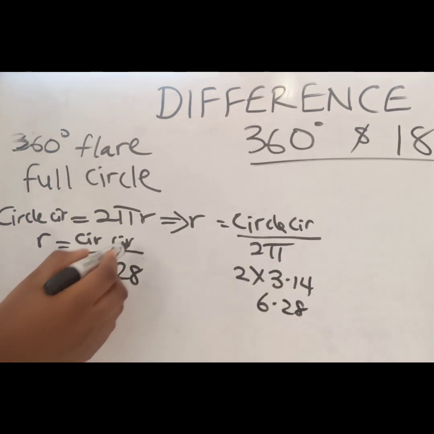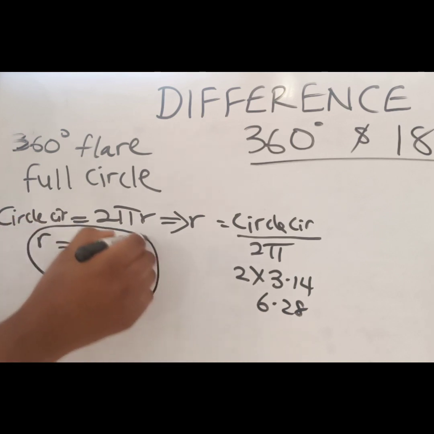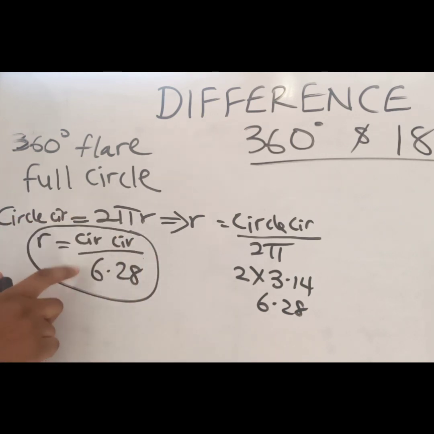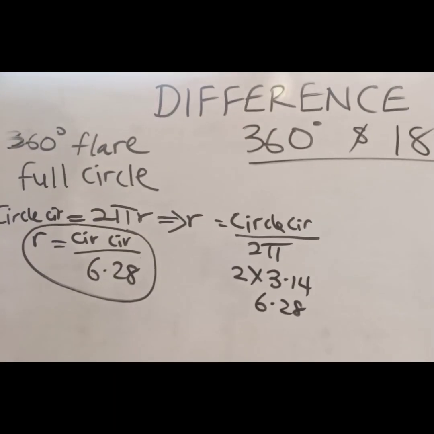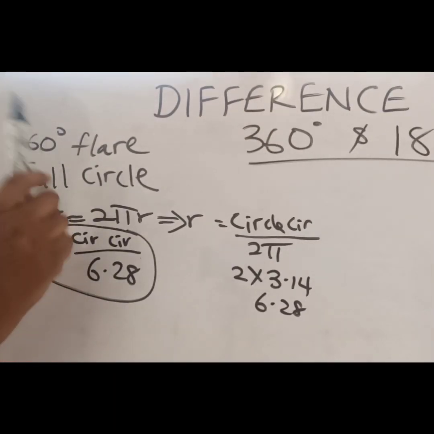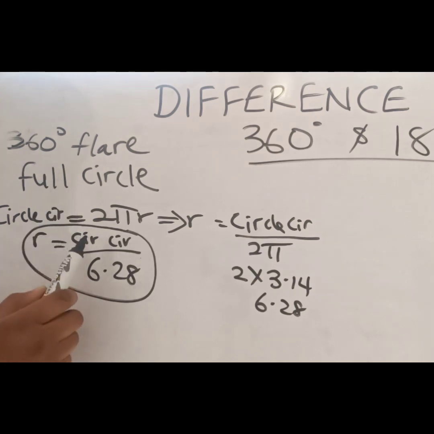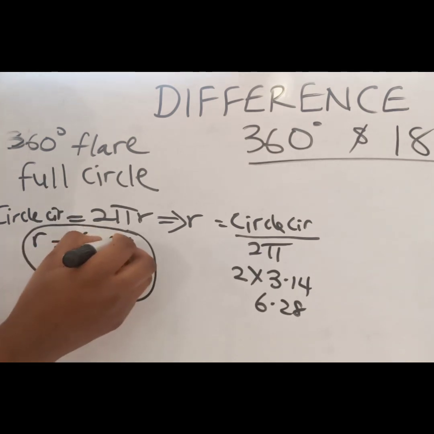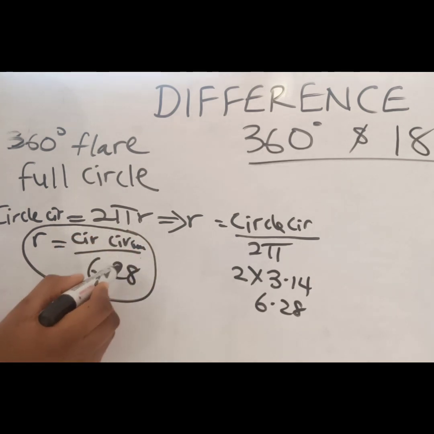So that is how we arrive at this formula. So just know that when you want to cut a full circle, you are going to be dividing the circle circumference by 6.28.